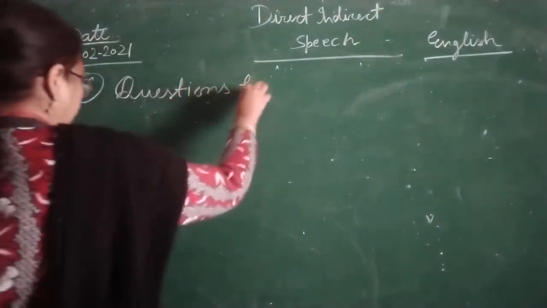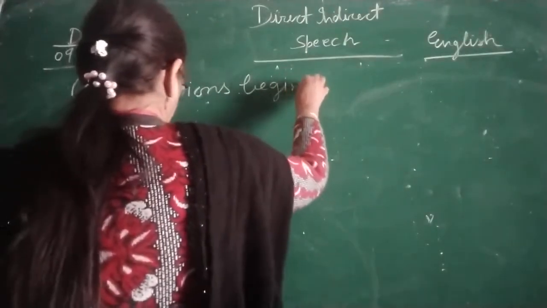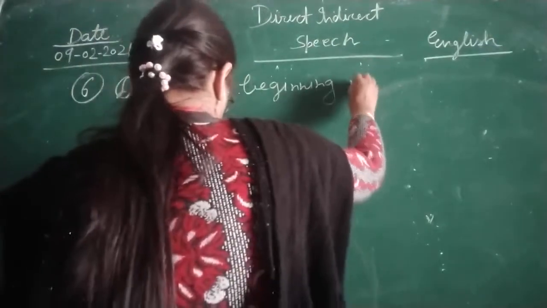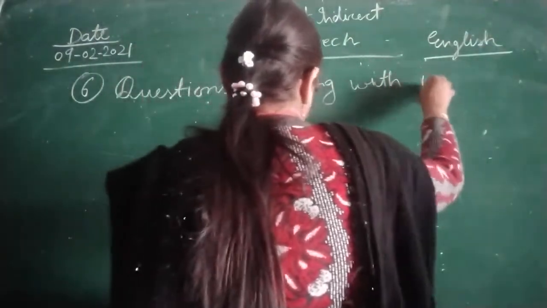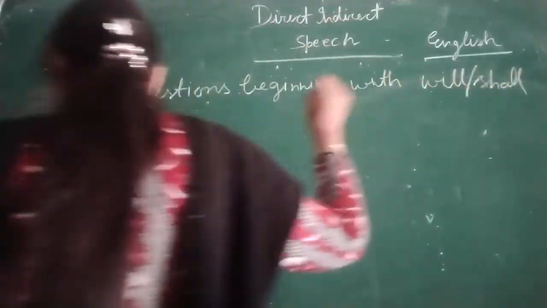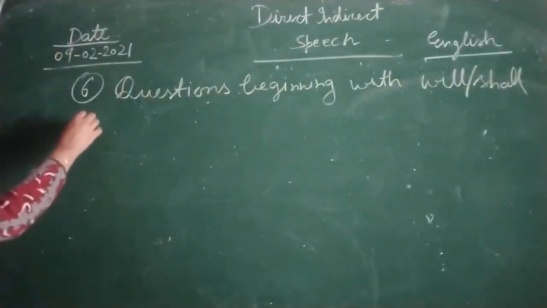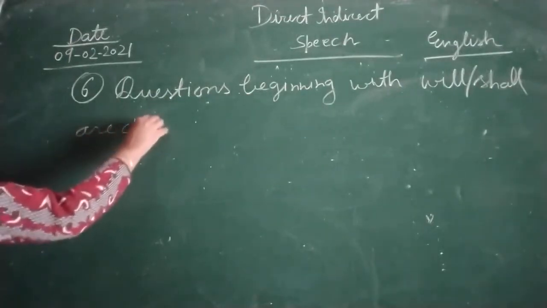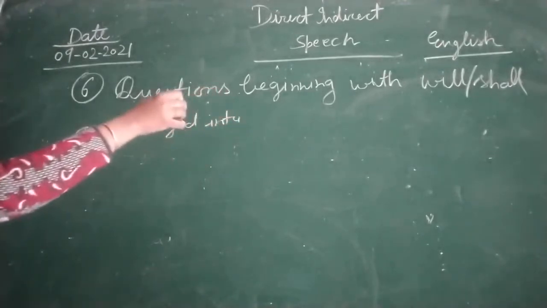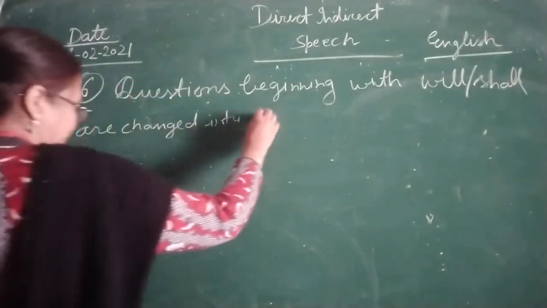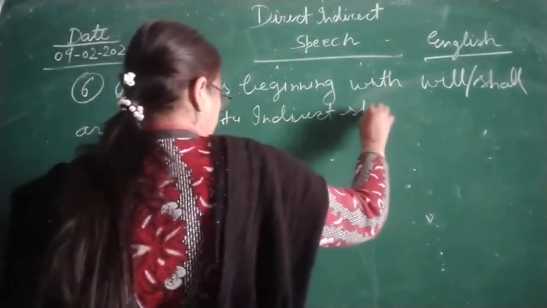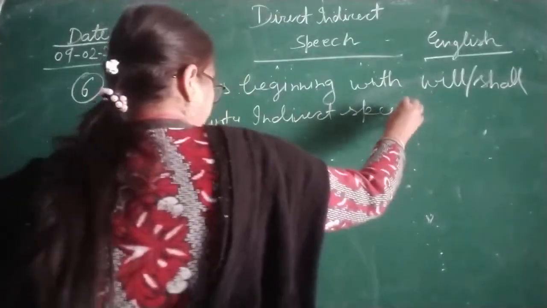Questions beginning with will, shall. When will and shall questions are changed into indirect speech, what will we do here?